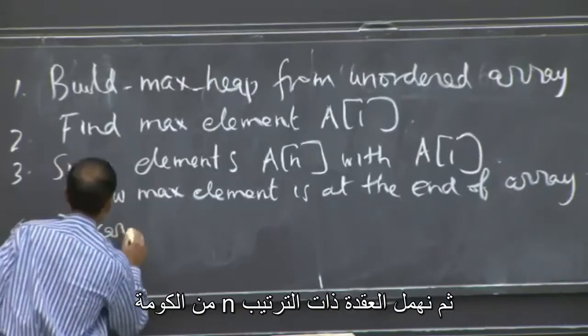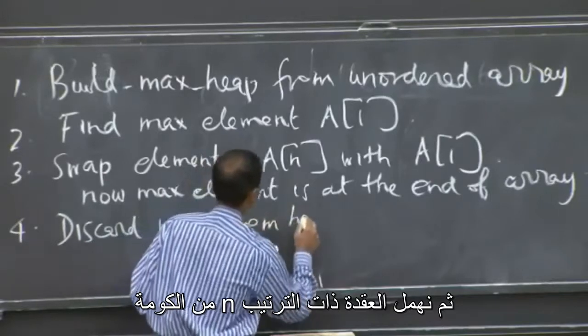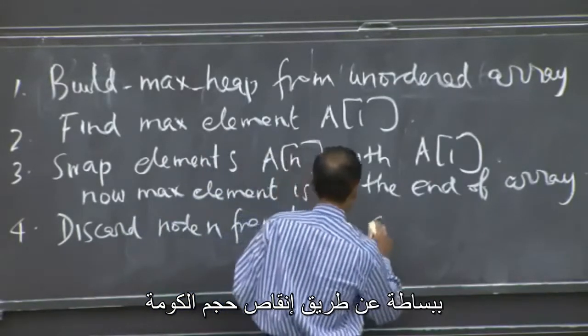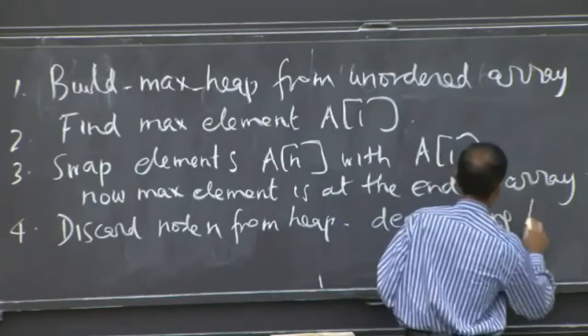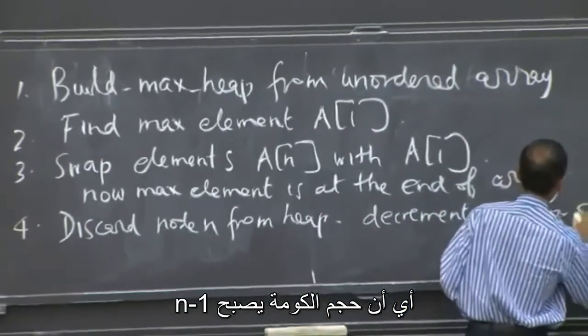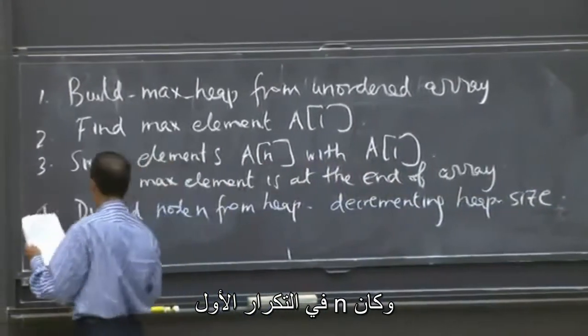Now we discard node n from the heap simply by decrementing heap size. So the heap becomes n minus 1 in size from n in the first iteration.